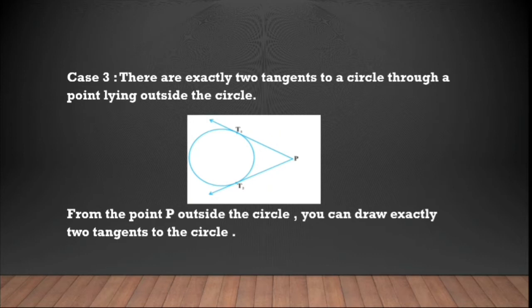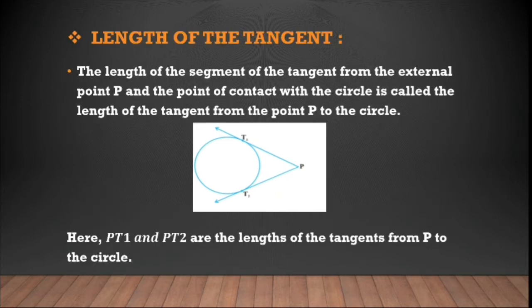Okay. Now we will discuss the length of the tangent. The length of the segment of the tangent between the external point P and the point of contact with the circle is called the length of the tangent from the point P to the circle.